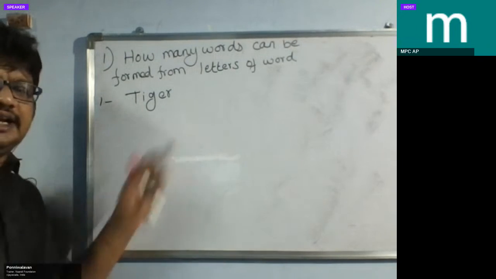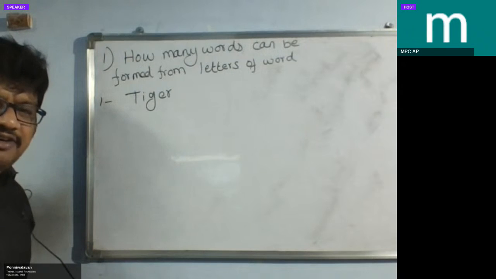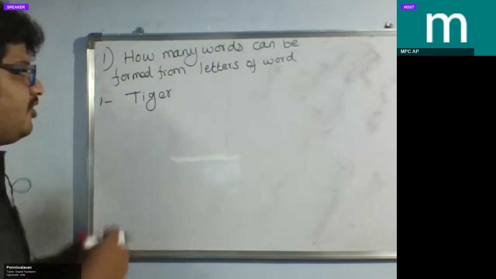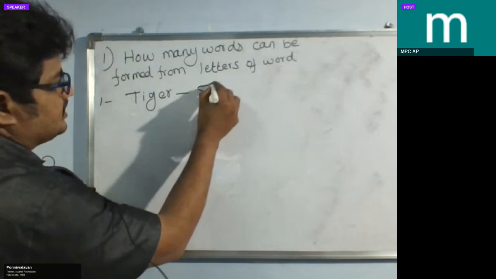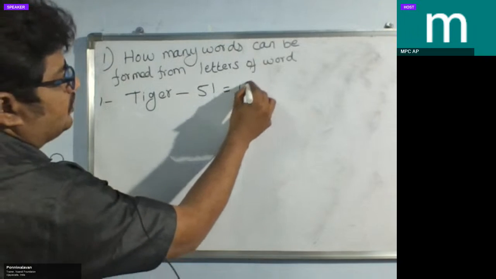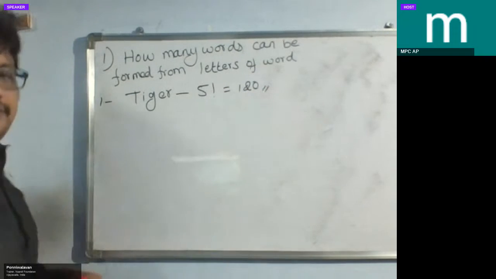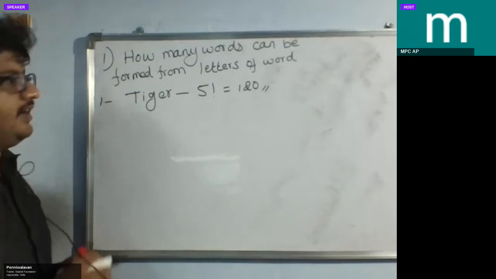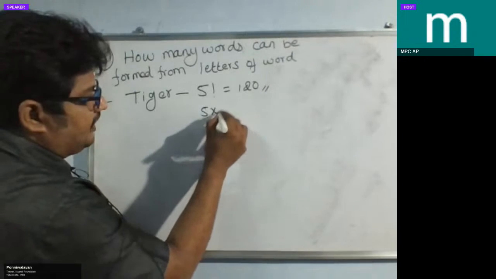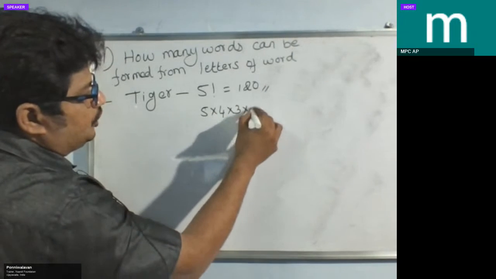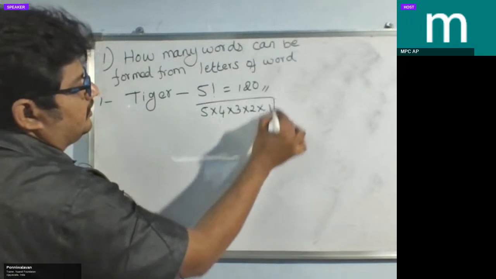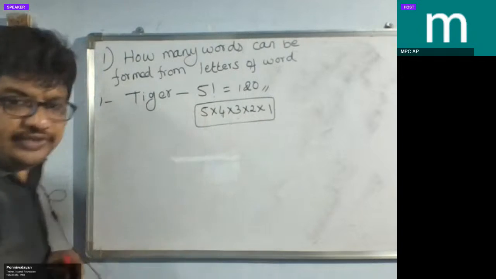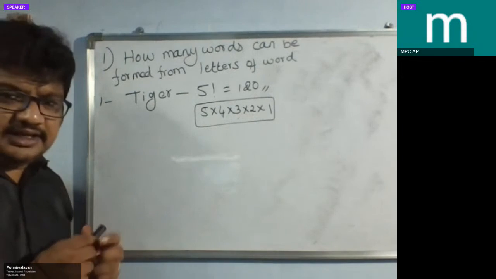The word TIGER has how many letters? 5 letters. So it is 5 factorial. It is 120. So we can form 120 words. What is 5 factorial? It is nothing but 5 into 4 into 3 into 2 into 1. 5 fours are 20. 20 into 3, 60. 60 into 2, 120.